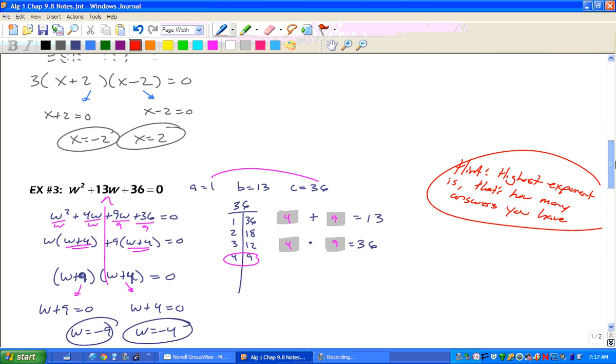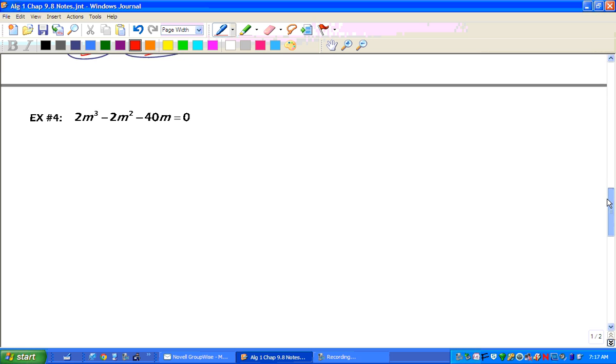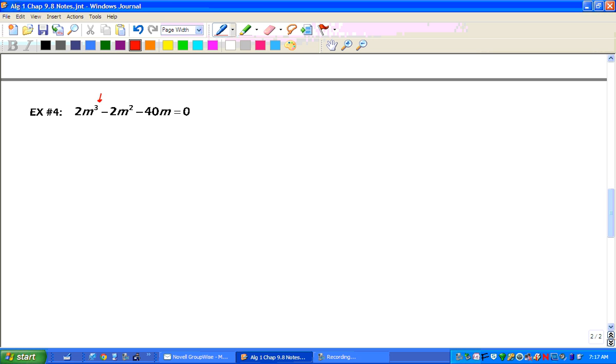Whoa, what happened there? So, my highest exponent was 2. We had 2 answers. My highest exponent was 2. Once again, we had 2 answers. So on this next one, my highest exponent is 3. We're going to have 3 answers here.